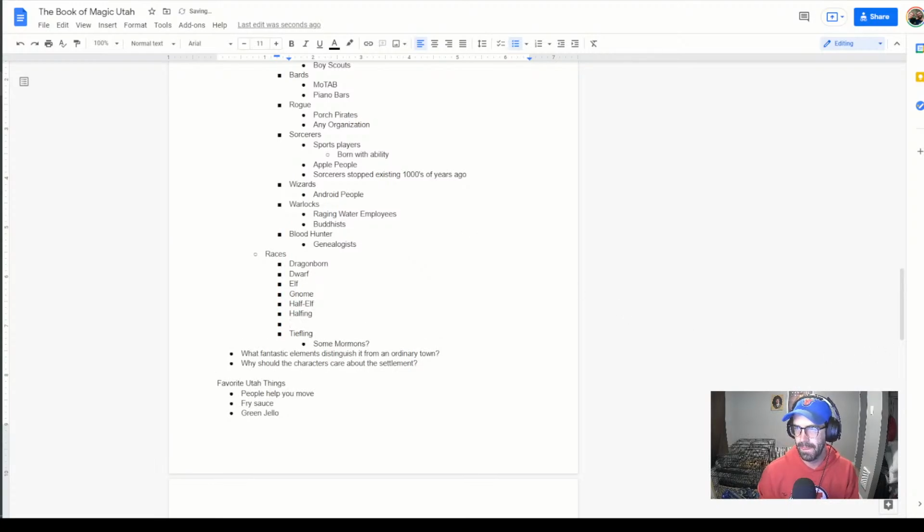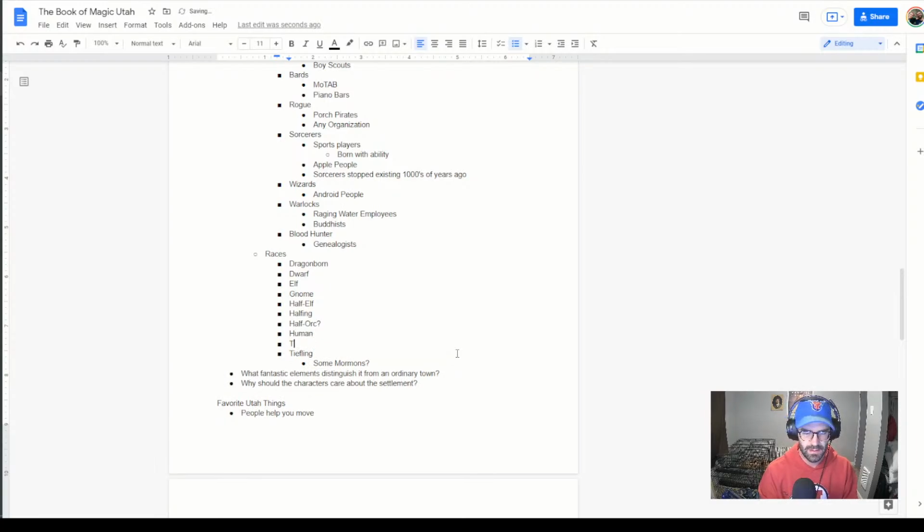Half orc, maybe? It depends on what orcs are, I guess. Human. Tiefling. Those are the big ones. If you're gonna have half orc, you're gonna have orcs then at that point.